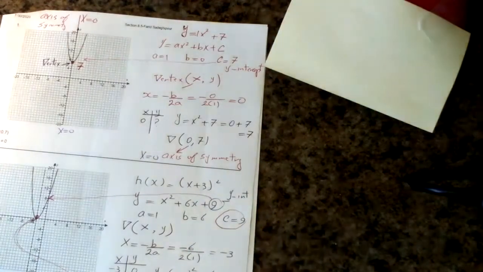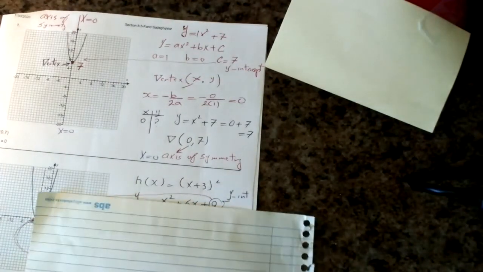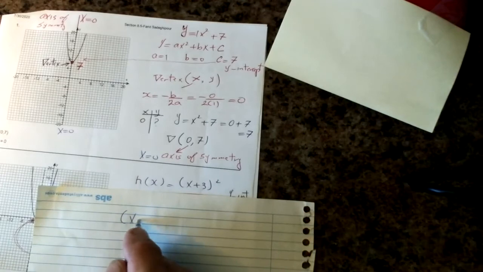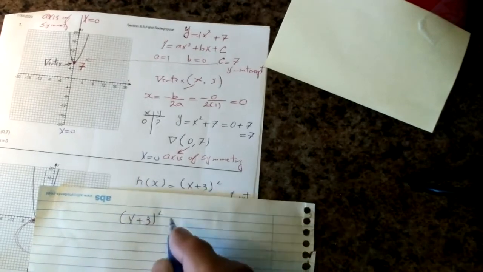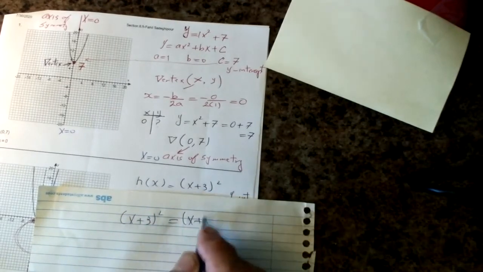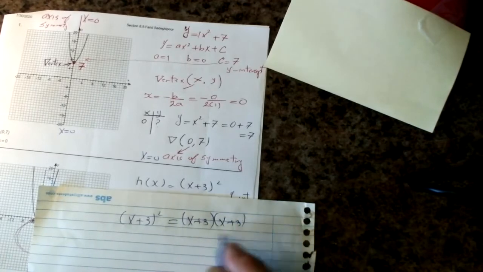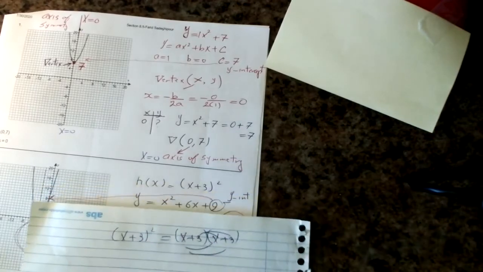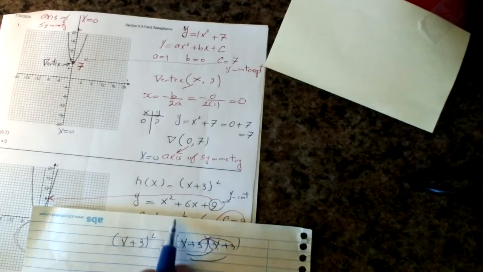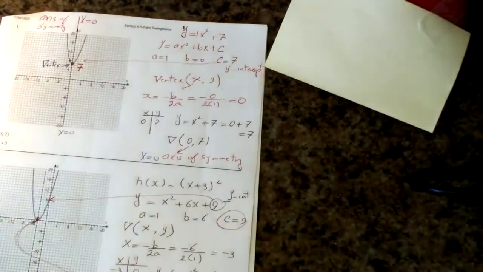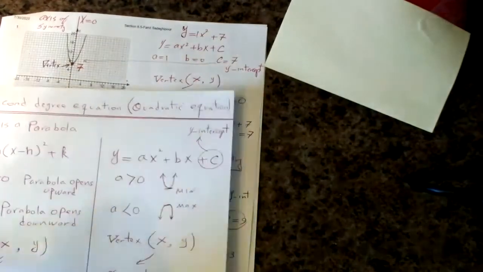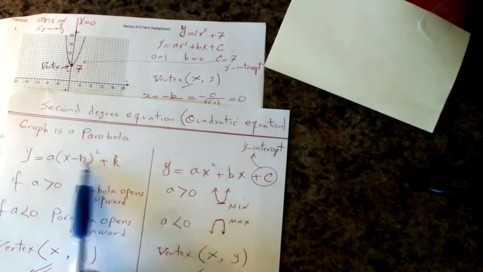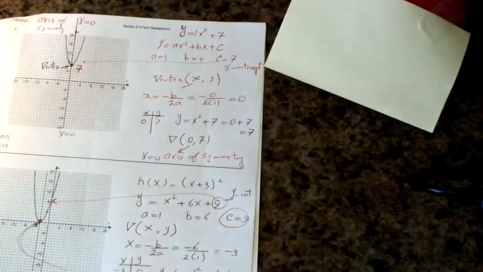Or I think the way I did it here, I just took x plus 3 to the power of 2 and wrote it as x plus 3 times x plus 3, which when you do that, gives you x2 plus 6x plus 9. So in that case, I don't have to use these equations. Okay, I'll go ahead and use that one.